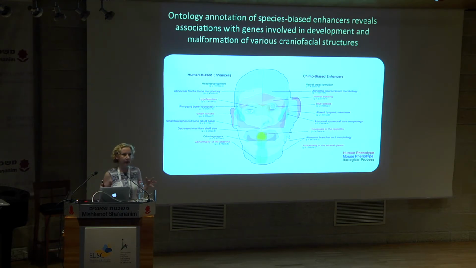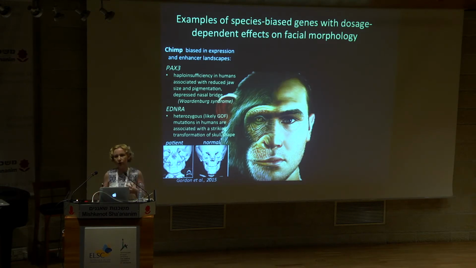But these are not some random genes. In fact, when we do ontology analysis on these genes, we see that all top categories are craniofacial and associated with development of different craniofacial structures that are known to be divergent between human and chimps. And this includes genes with known dosage-dependent effects on facial morphology.